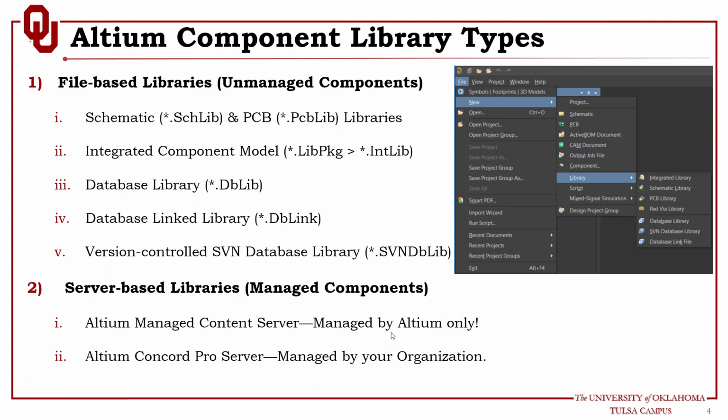This is one of the things I asked Altium a while ago in one of the webinars: are all the components in the Vault server accessible from the manufacturer part search? They said yes, and they are indexed over there.